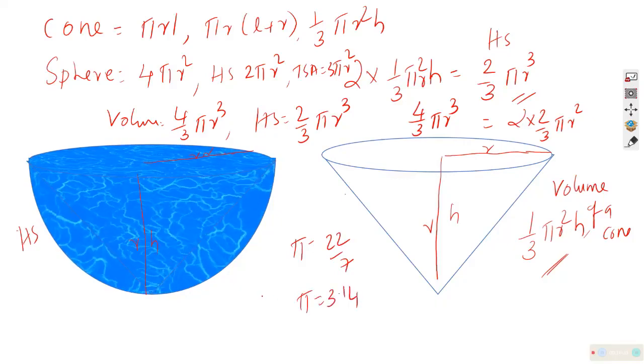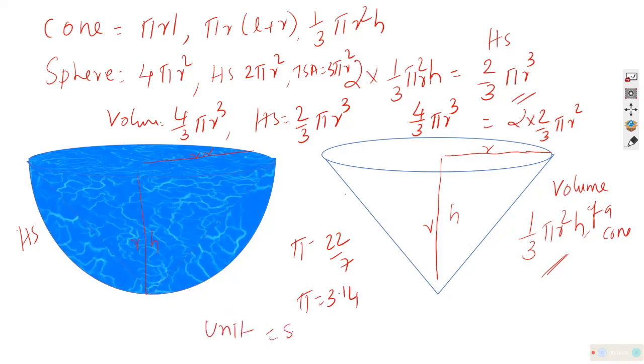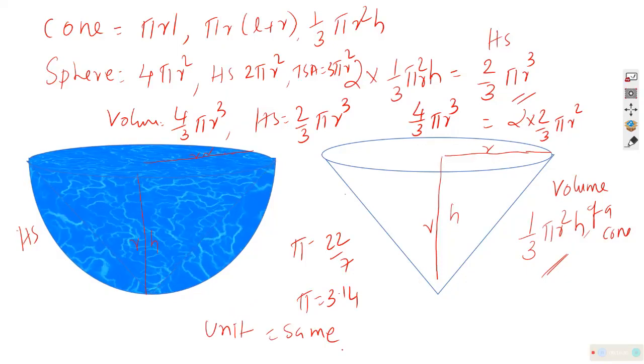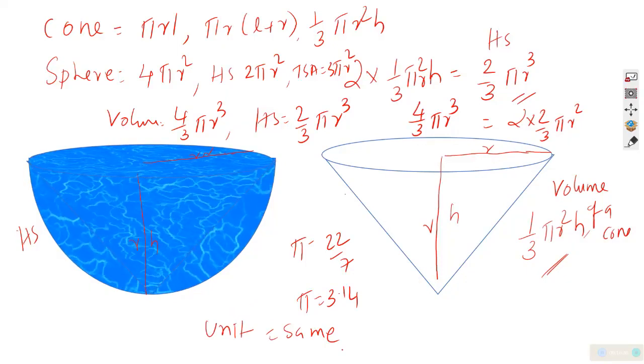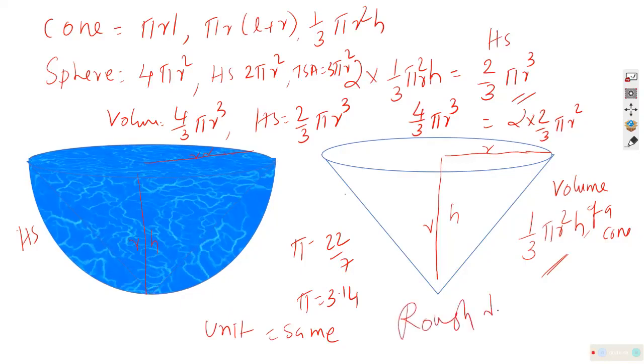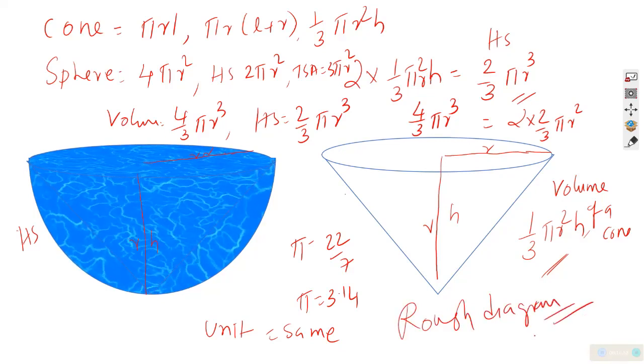Whenever you are doing problems of this kind, the units should be checked and should be the same. If it is in centimeters, everything in centimeters; if millimeters, everything in millimeters. Most important, you should draw a rough diagram, if not given, before starting to solve the problem.